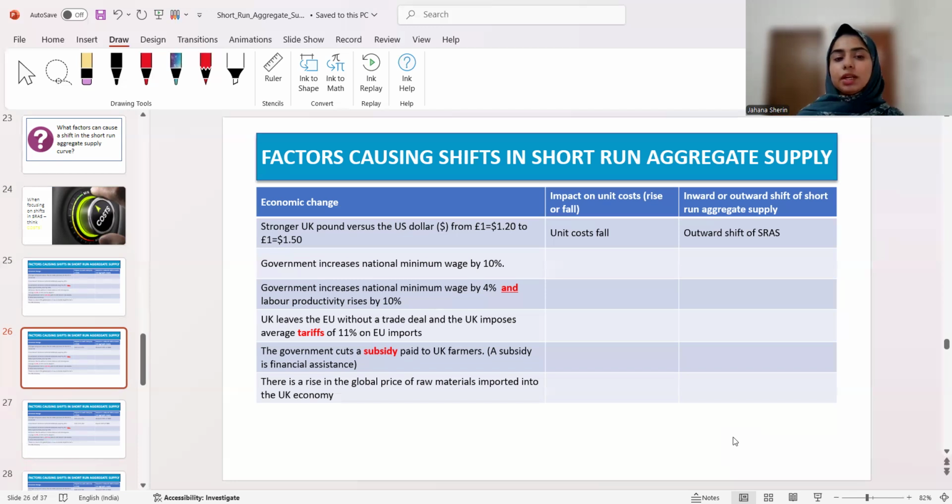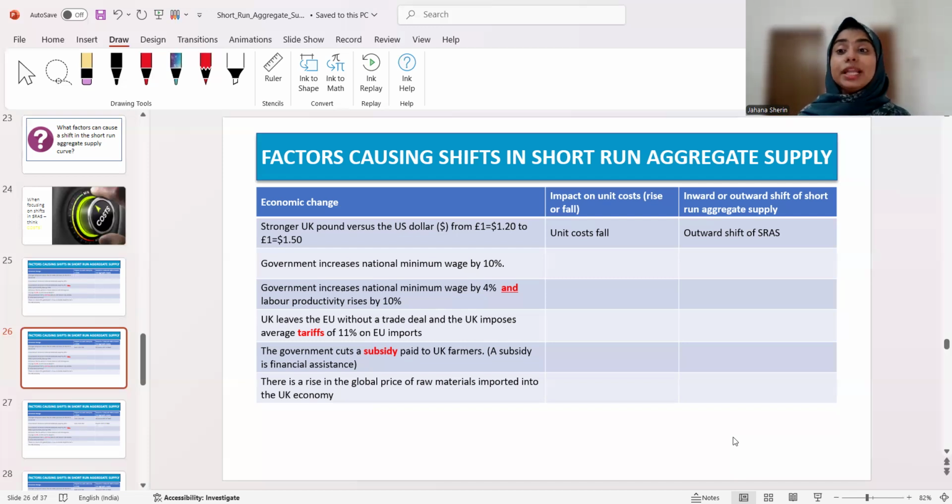Yes. Next one, government increasing the national minimum wage by 10%. National minimum wage means the government deliberately, forcefully increases the wage. So will businesses' cost of production increase or decrease this time?